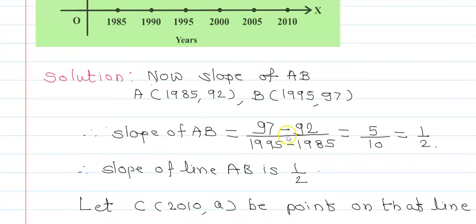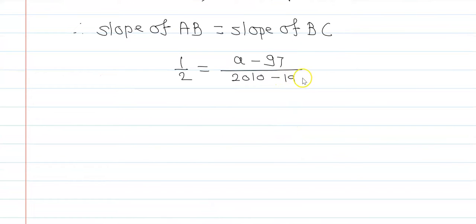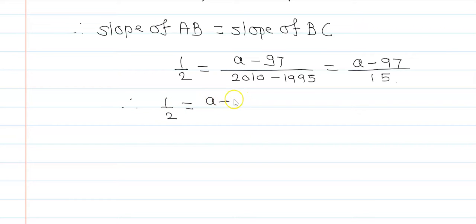Here the subtraction 2010 minus 1995 gives 15. Therefore, 1/2 is equal to (a minus 97)/15.